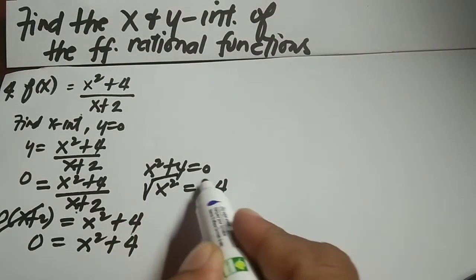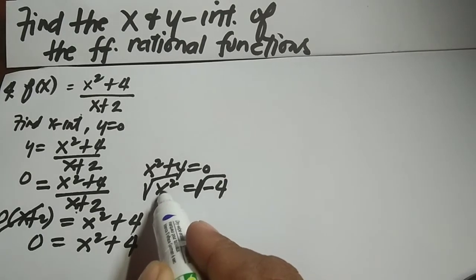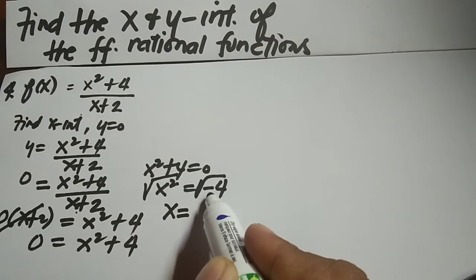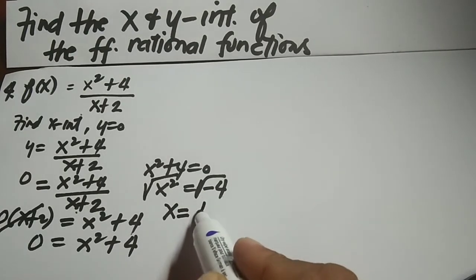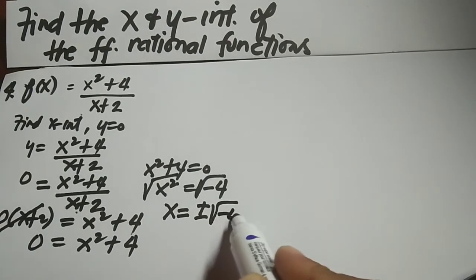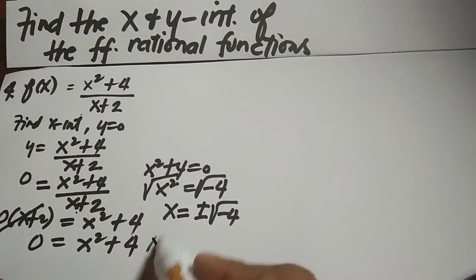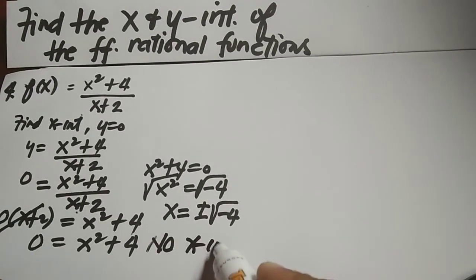Extract the square root of both sides: x equals plus or minus the square root of negative 4. Since negative 4 has no real square root, we conclude that there is no x-intercept.